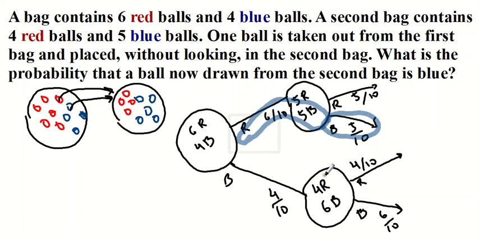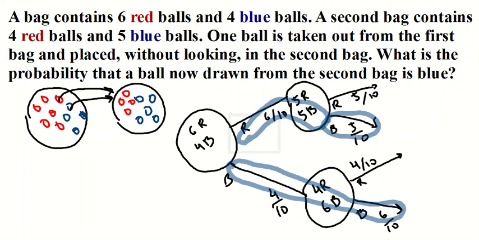Similarly, in the second iteration, in which we have selected a blue ball from our first bag and blue from our second bag, that part of the tree diagram will also be taken, because that will also yield a blue ball from our second bag.